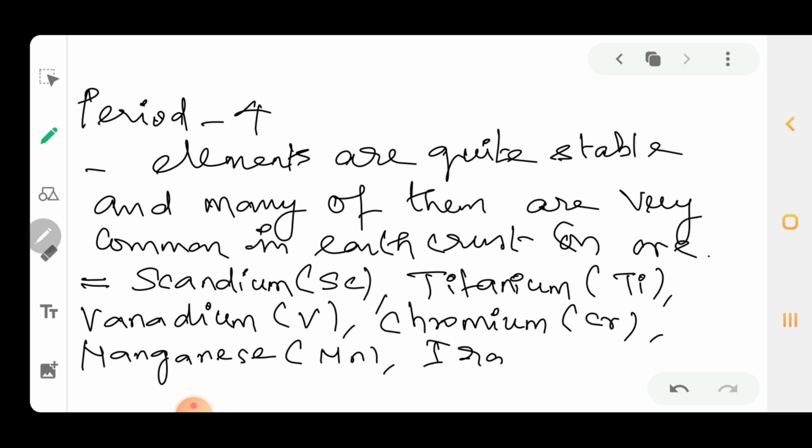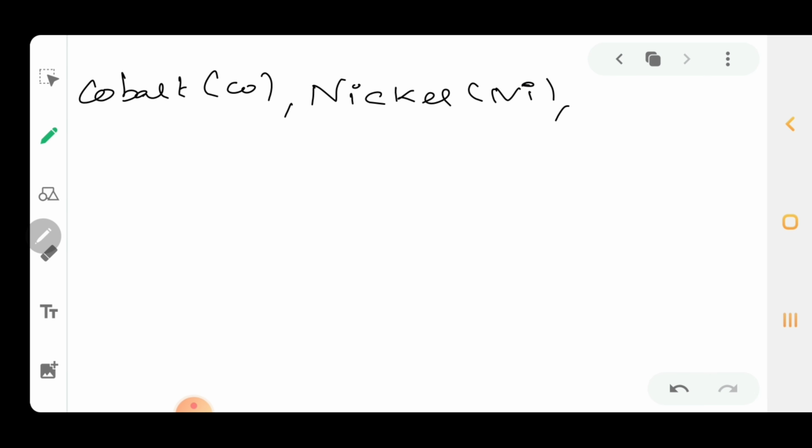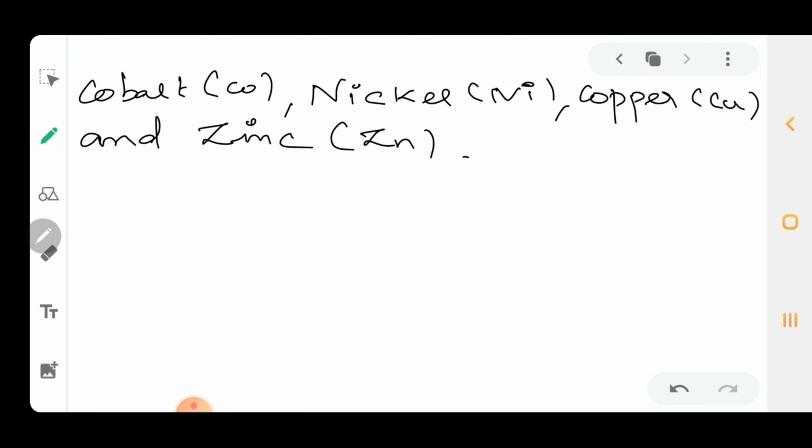The sixth one is iron, represented as Fe. Then the seventh one is cobalt, represented as Co, and the eighth one is nickel, represented as Ni. And the next one is copper, represented as Cu, and the last one is zinc, represented as Zn.